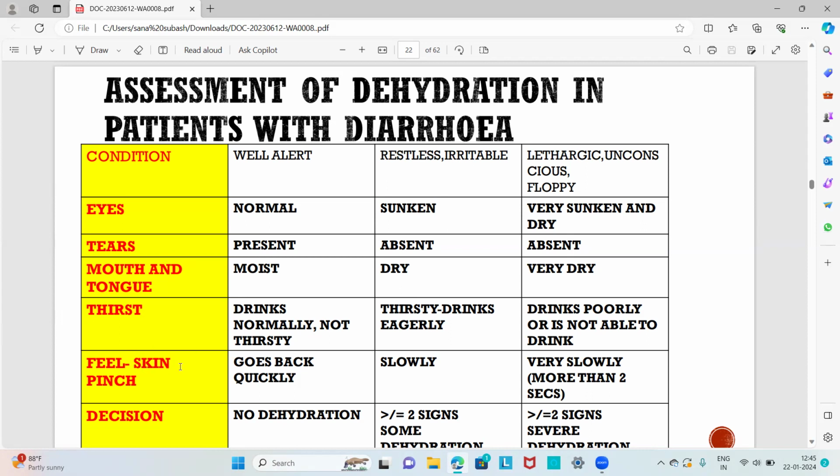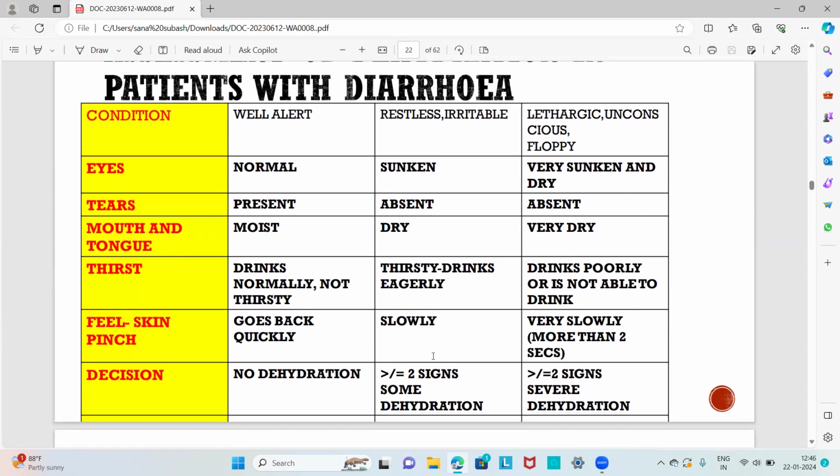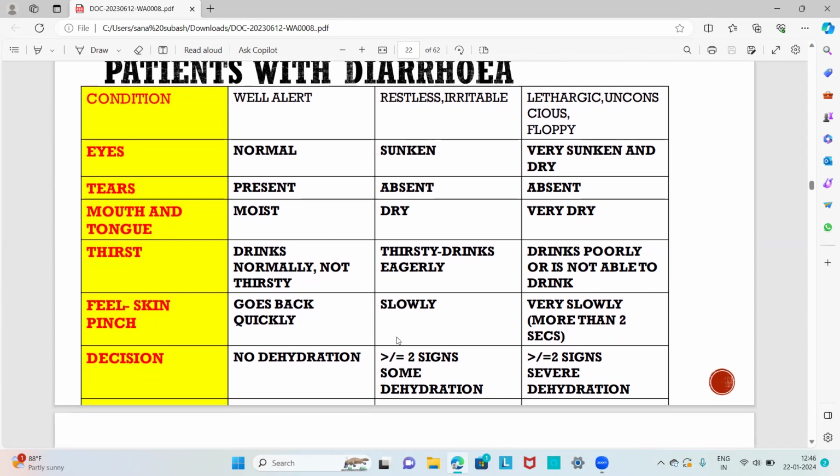And when we assess the skin turgor, it does not go back quickly, it goes back slowly. If two or more of these signs are present, it is classified as acute diarrheal disease with some dehydration and managed according to the WHO plan for some dehydration.